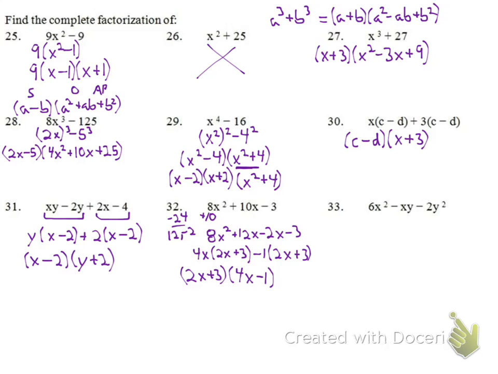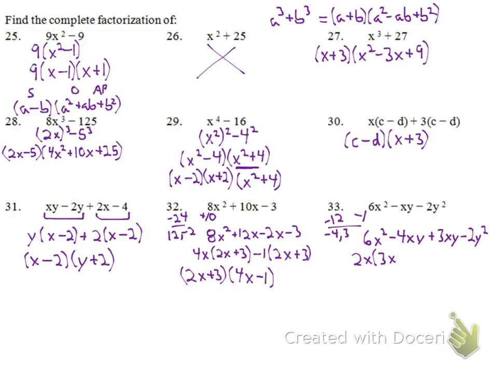33, same idea. I have negative 12, but I want to add to negative 1. Looks like I'm going to pick negative 4 and positive 3. So I get 6x squared minus 4xy plus 3xy minus 2y squared. I can take out a 2x from my first two terms.